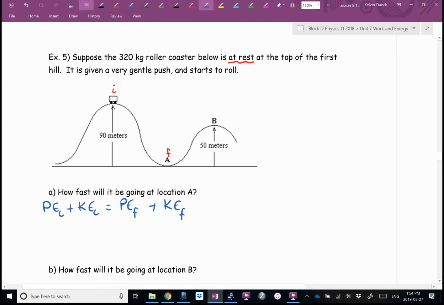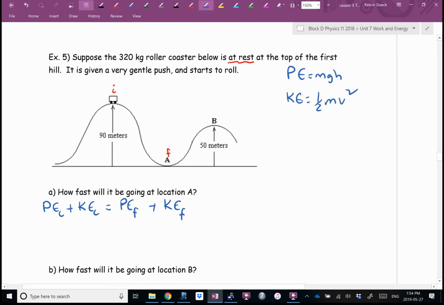The short version is the amount of energy you start with has to equal the amount of energy you finish with. Now, remember, potential energy is mgh. Kinetic energy is a half mv squared.